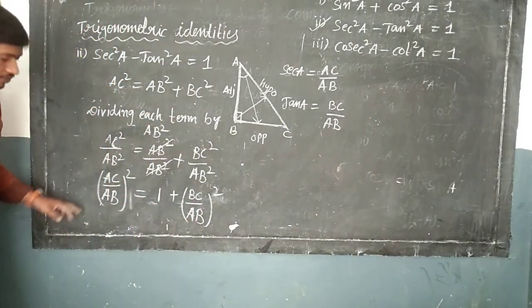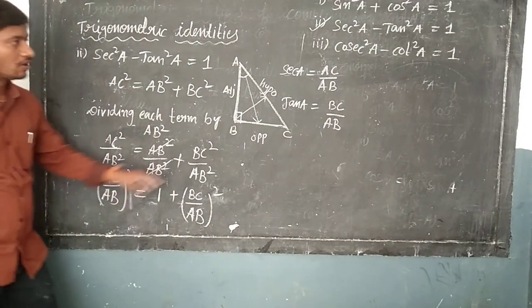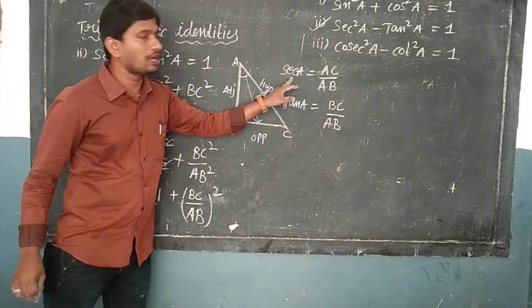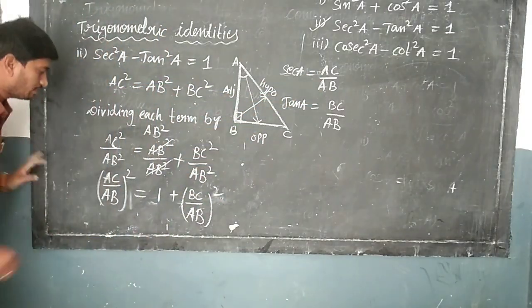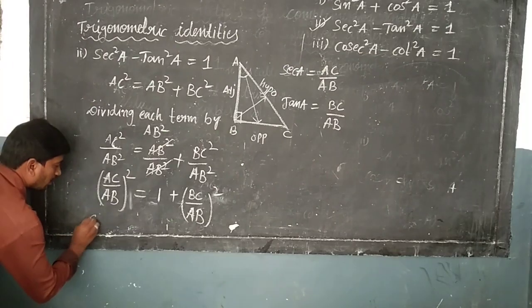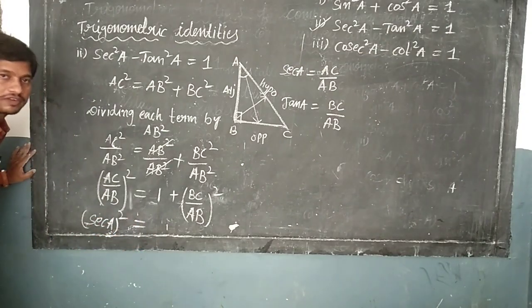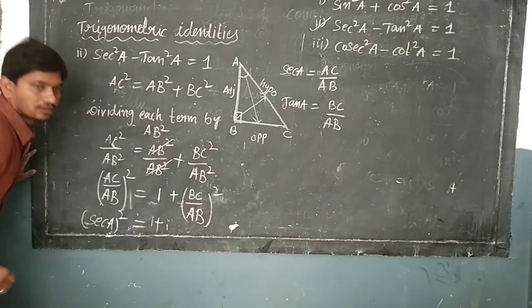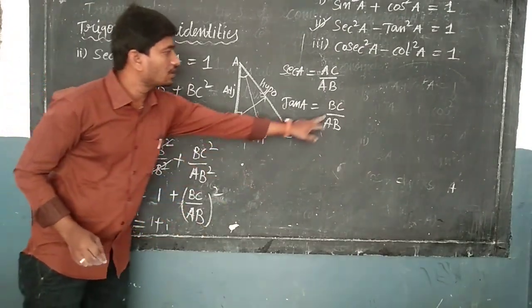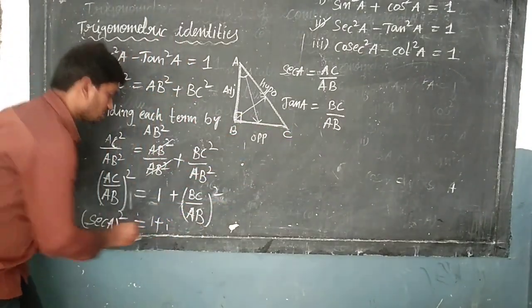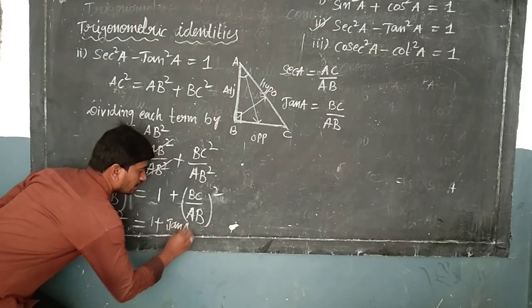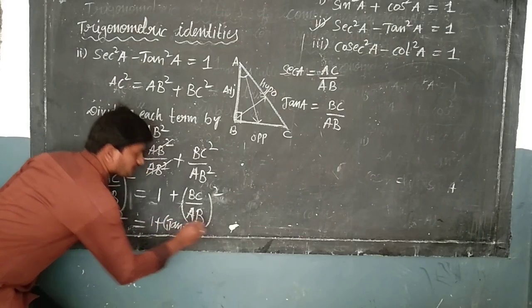Now look here, AC by AB. What do you mean by AC by AB? AC by AB is nothing but sec A. So in place of AC by AB, I can write sec A whole square equal to 1 plus BC by AB. BC by AB is nothing but tan A, so tan A whole square.